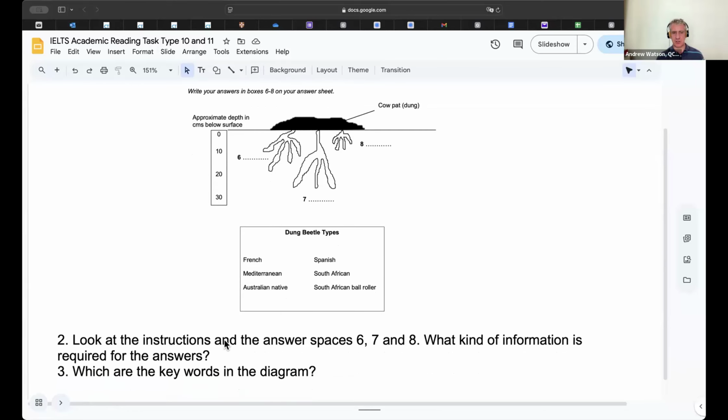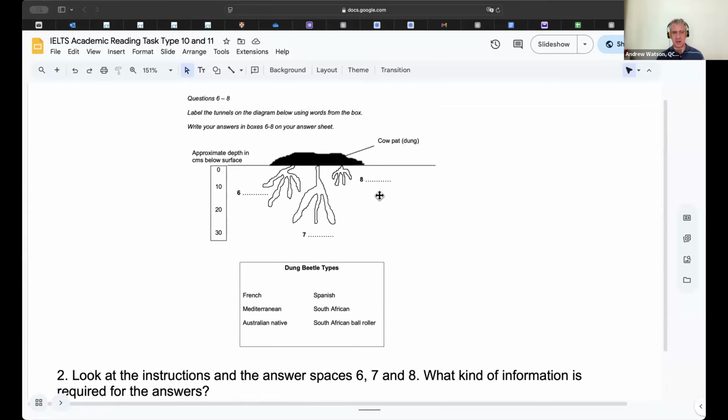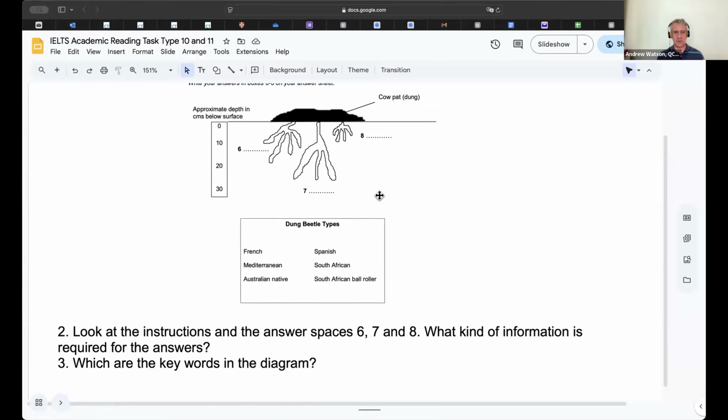So look at the instructions and the answer space. The answer space is 6, 7, and 8. What kind of information is required for the answers?